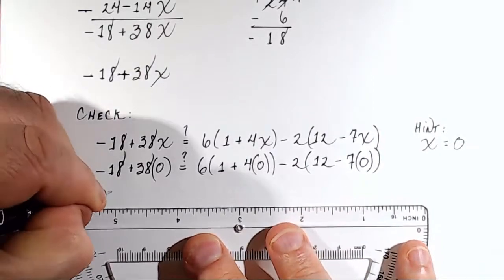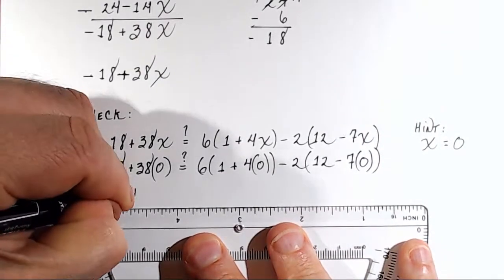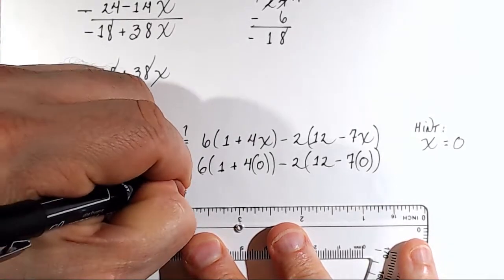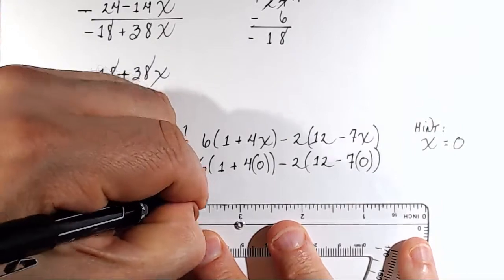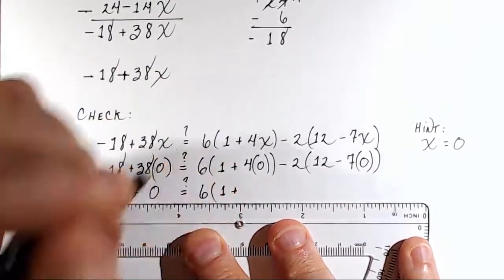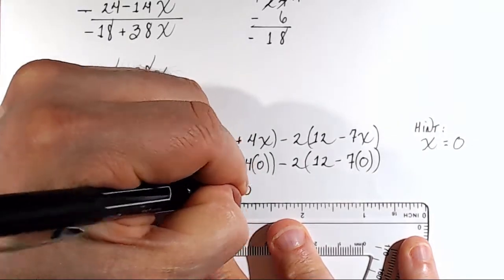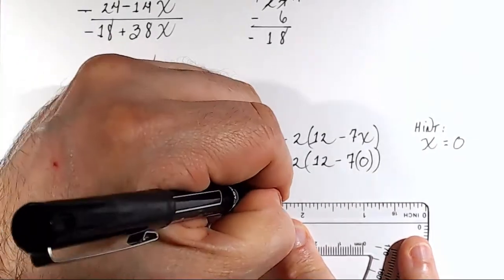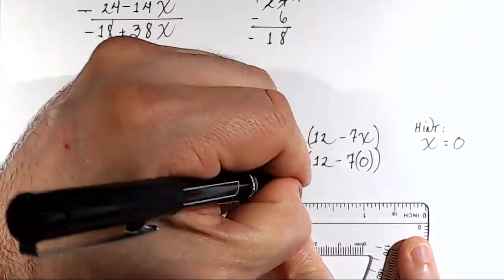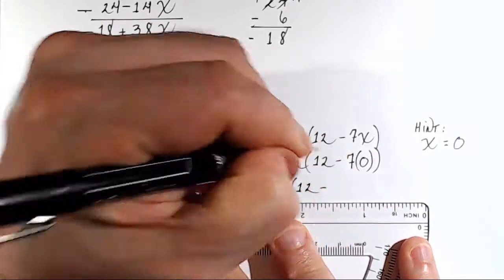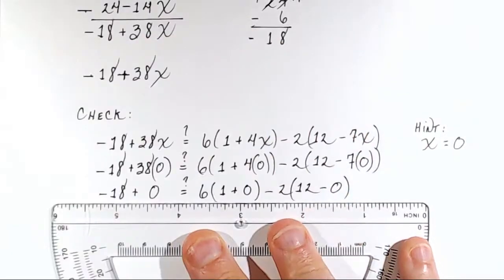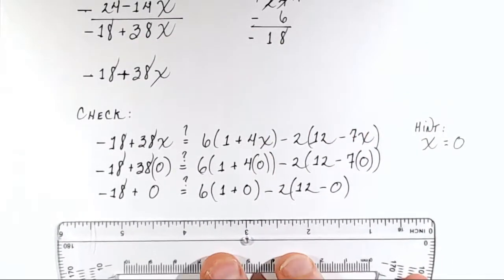Negative 18 plus 0, because 38 times 0 is 0, equals question mark, 6, open parentheses, 1 plus 4 times 0 is 0, put a 0, close parentheses, minus 2, open parentheses, 12 minus, and 7 times 0 is just 0, so 12 minus 0, close parentheses. Right? We'll just continue to simplify.